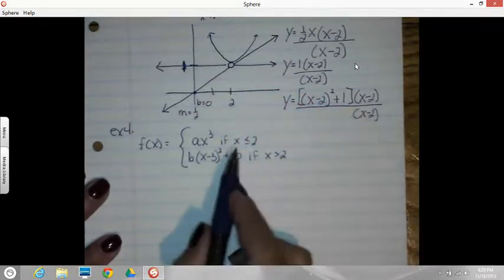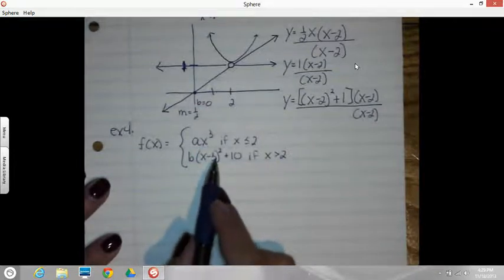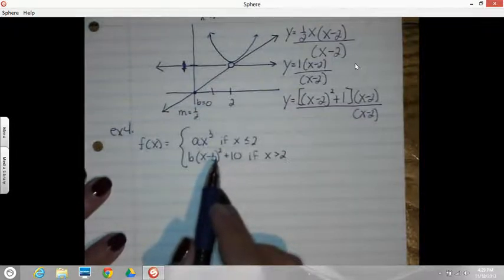So for this part of the graph, we've got a cubic, and then for this part of the graph, we have a quadratic. So what are the directions here?